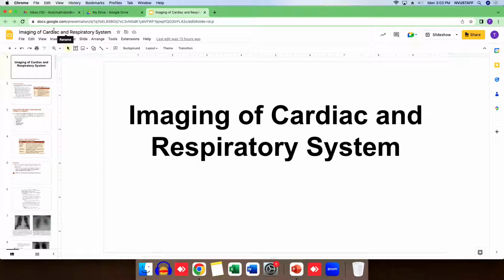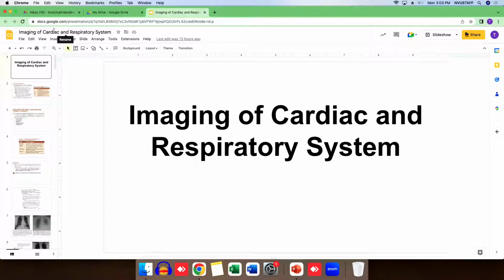To check functional pathologies, ultrasound can do that in the cardiac case, but mostly we are using labs, other maneuvers and other techniques. For structural pathologies, we're using imaging, and imaging can be different.